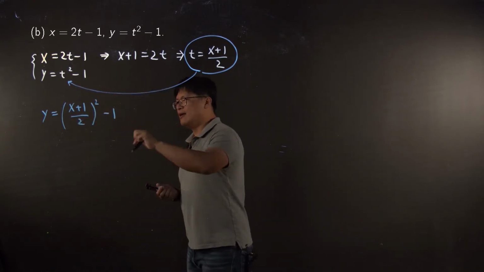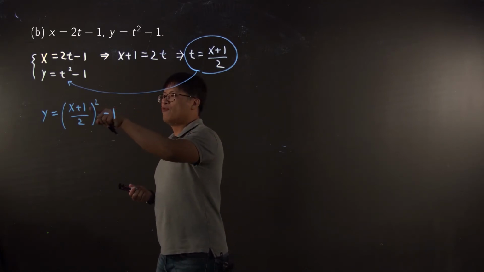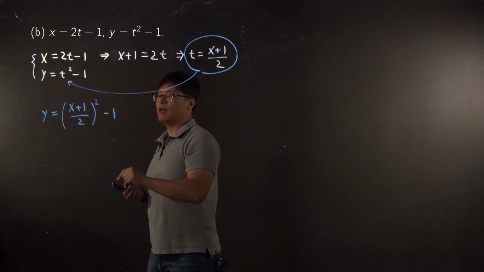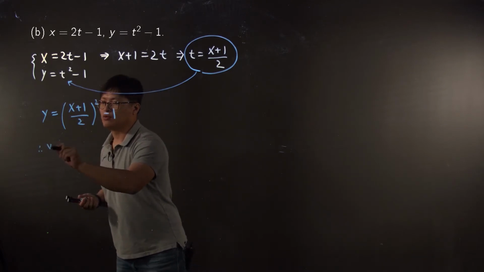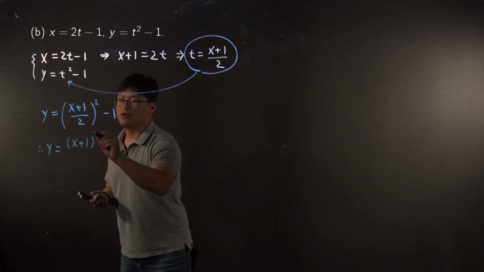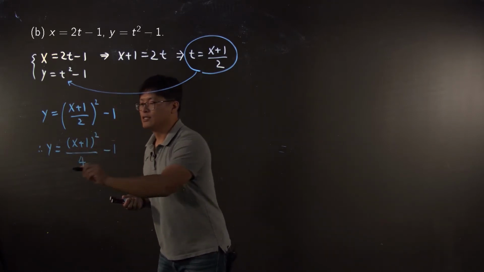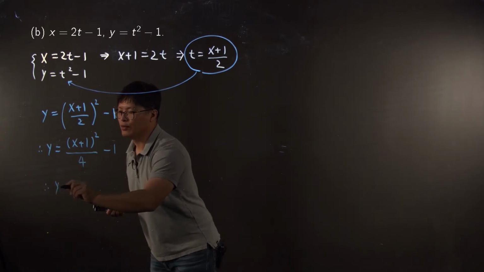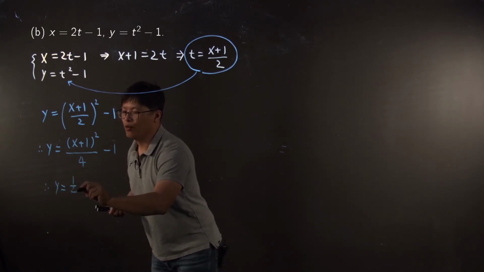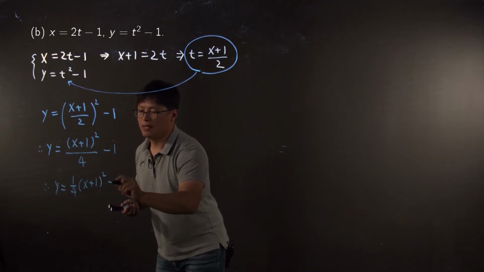Let me be a little technical: the square applies to the numerator and denominator separately. So I can write this as (x plus 1) squared over 2 squared, which is 4. So finally, it is better to write this as y equals 1/4 times (x plus 1) squared minus 1.